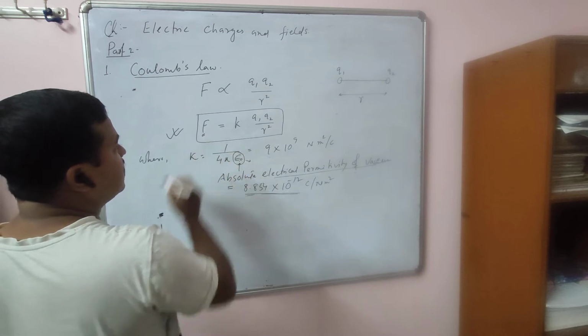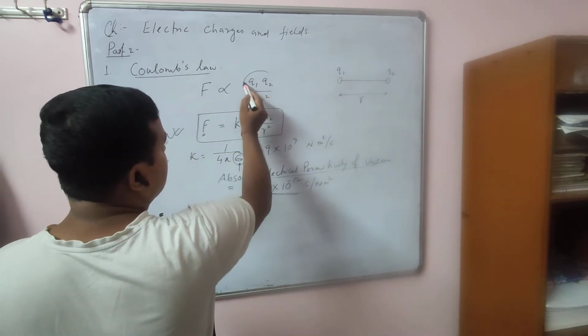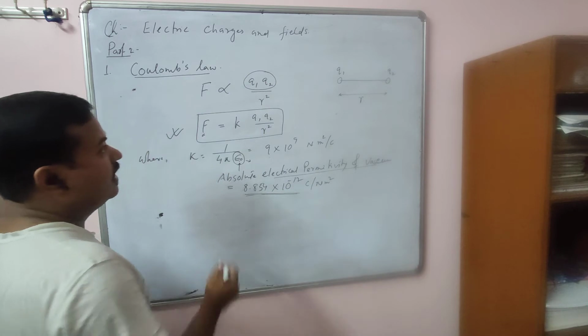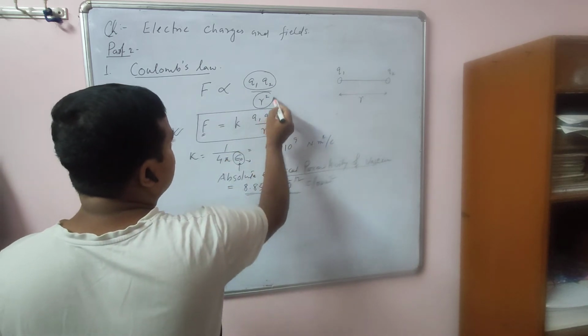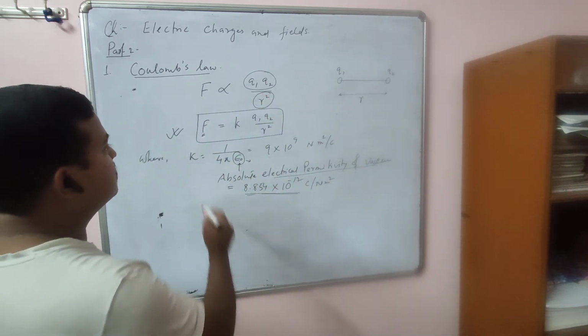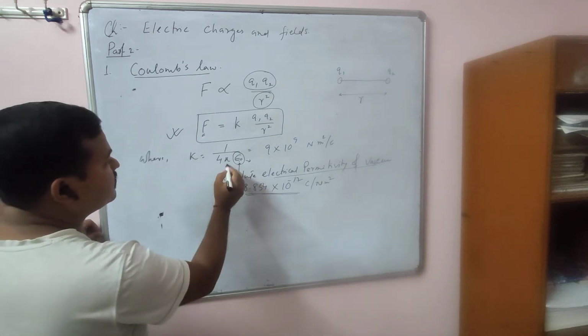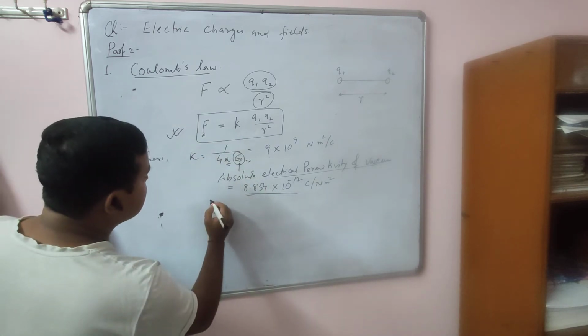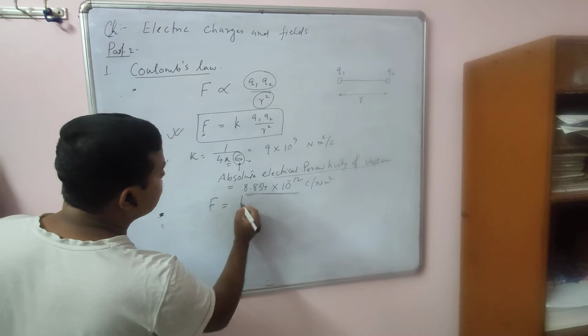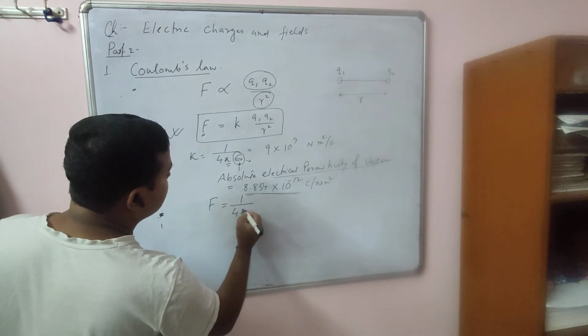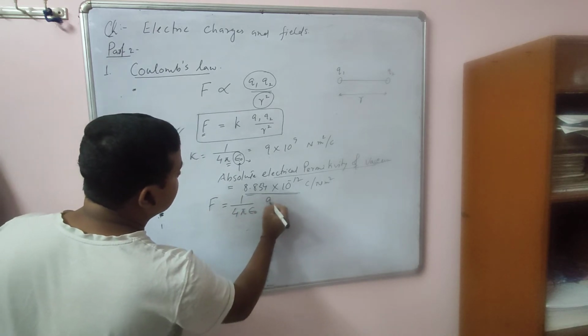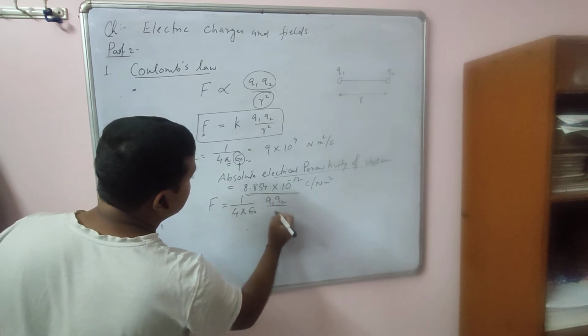That is, the force between two charges is directly proportional to the product of the two charges, and inversely proportional to the square of the distance. In terms of epsilon 0, you can write F equal to 1 by 4 pi epsilon naught Q1 Q2 by R square.